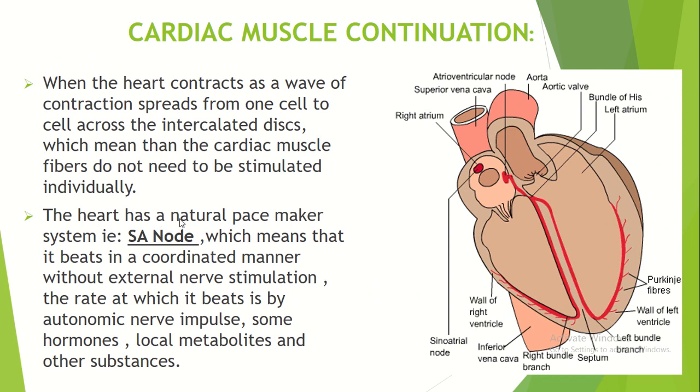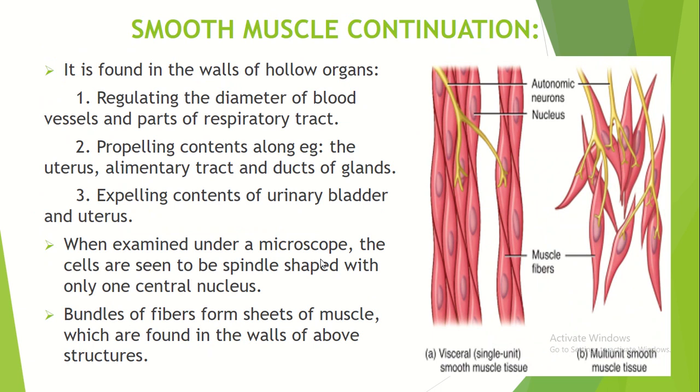The heart has a natural pacemaker system, that is the SA node, the sino-atrial node, which means that it beats in a coordinated manner without external nerve stimulation. In all the other muscles we saw that external nerve stimulation is present. See here, the smooth muscle needs an external autonomic nerve.